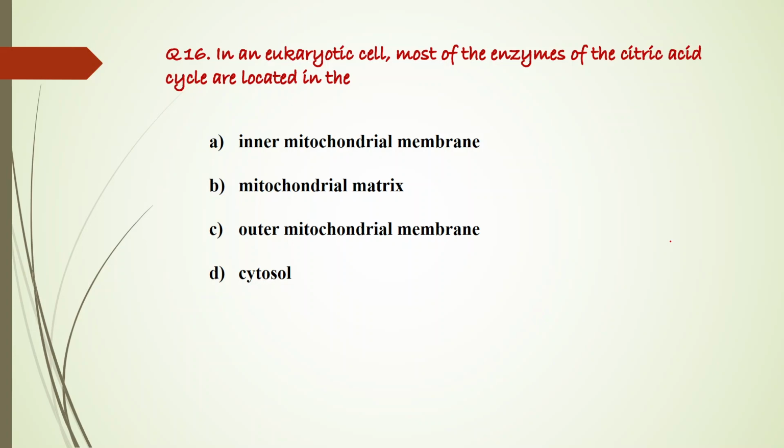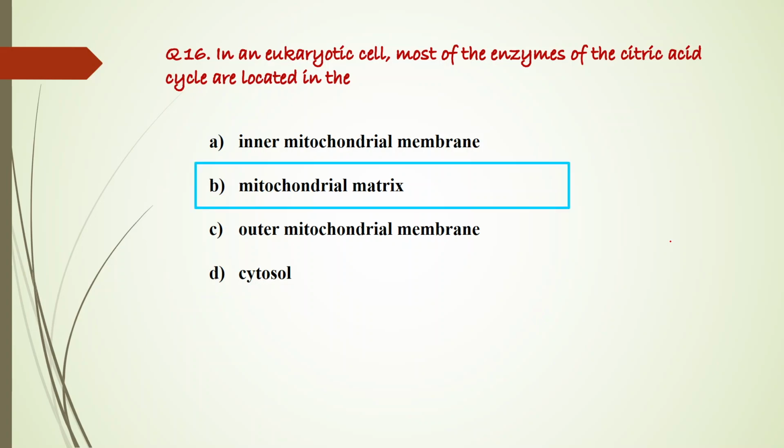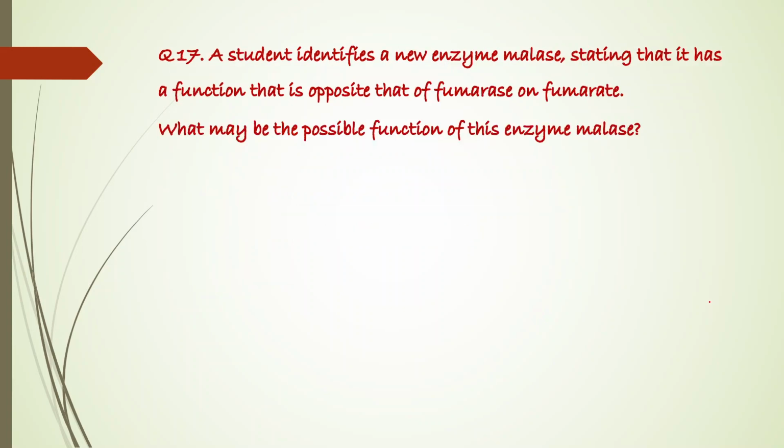So if it occurs within the mitochondria, then where should the enzymes lie? Obviously in the mitochondrial matrix, where the Krebs cycle basically takes place. So the correct option for question number 16 should have been option number B. Fine. So this is the next question.